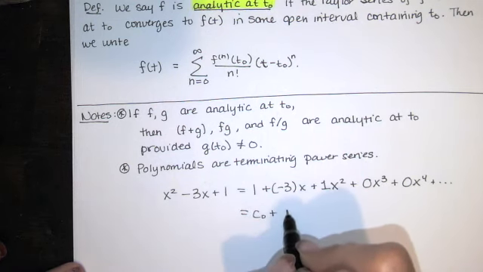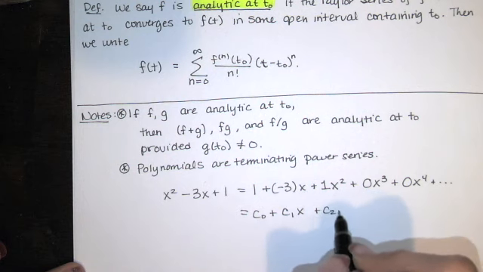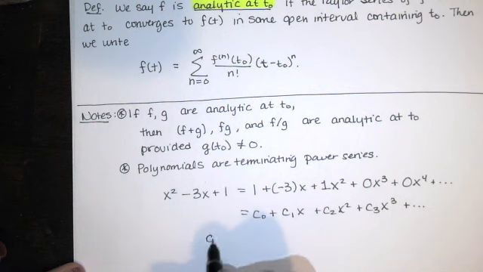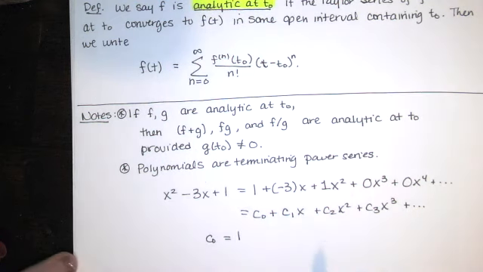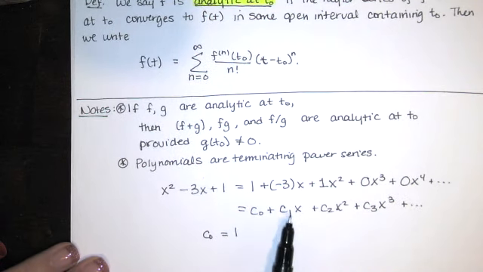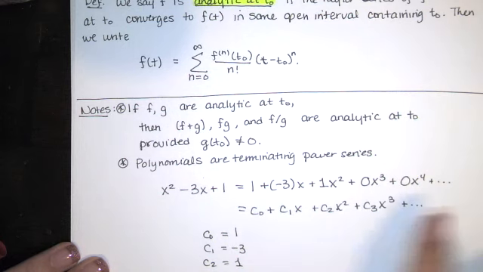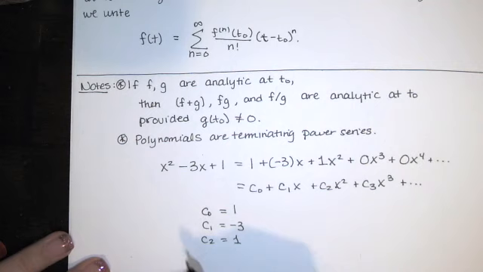I could say that's c naught plus c1x plus c2x squared plus c3x cubed, and so on. So in this case, c naught would be equal to 1 because two series are equal if their coefficients are equal. The coefficient of x here would equal the coefficient of x there. So c1 would be negative 3, c2 would be 1, and c3, c4, and so on, after that, are all 0 because we just have this polynomial over here. So we might say c sub n is equal to 0 for n equals 3, 4, 5, and so on.